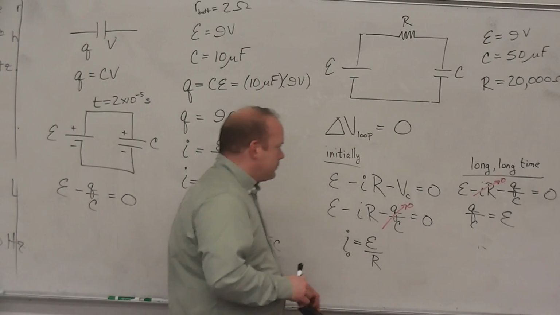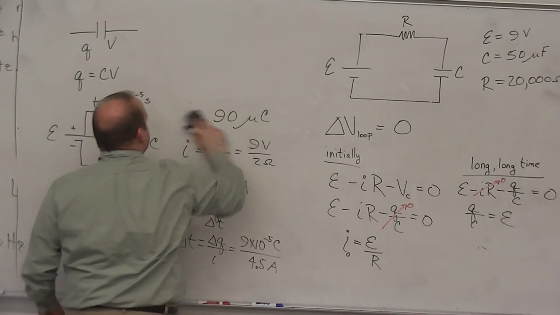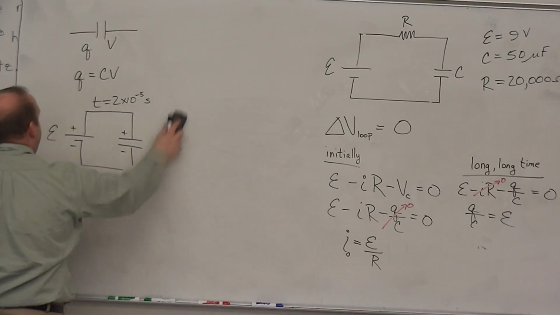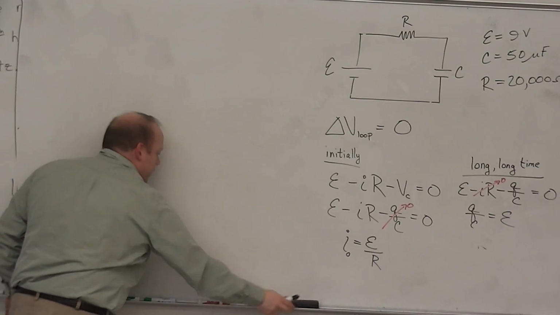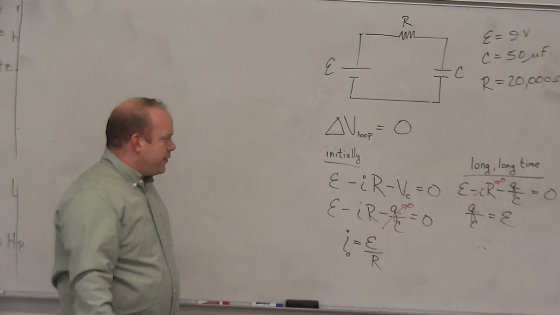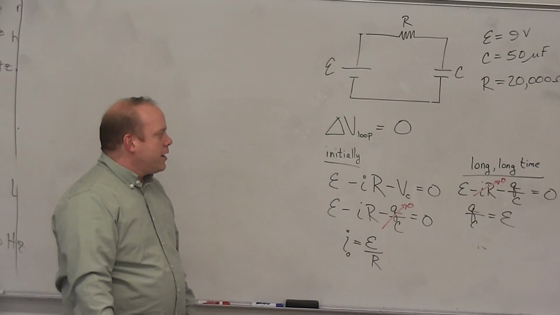Now, in between, we can set up a differential equation. Everyone needs to be able to set up the differential equation. And in order to solve it, you're going to talk to Dr. G. I'll show you how to conceptually solve it.